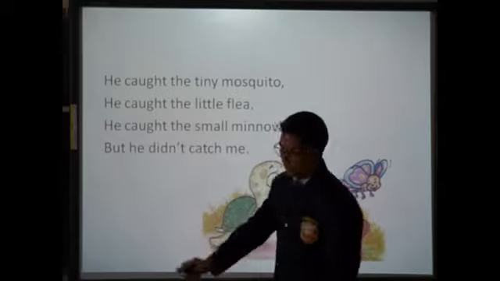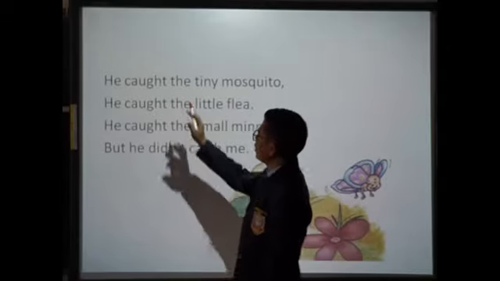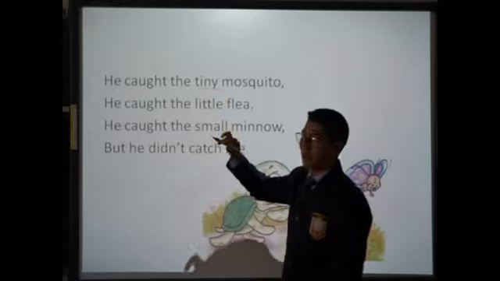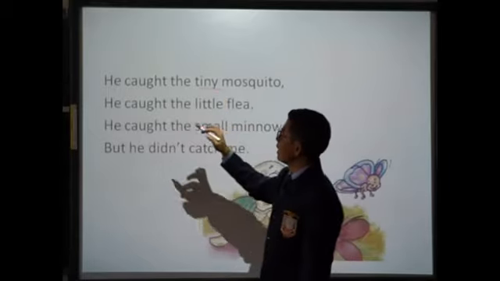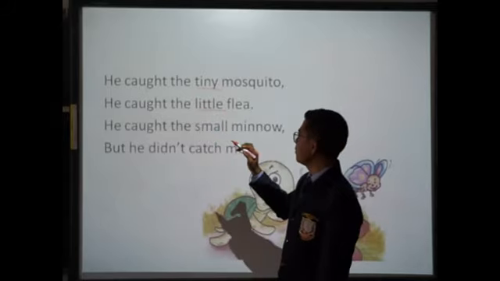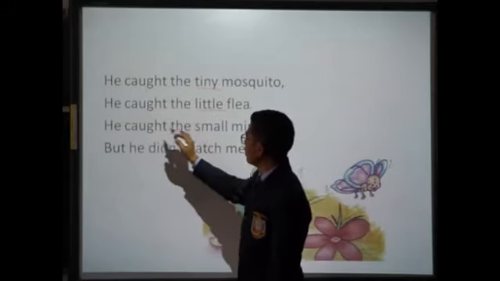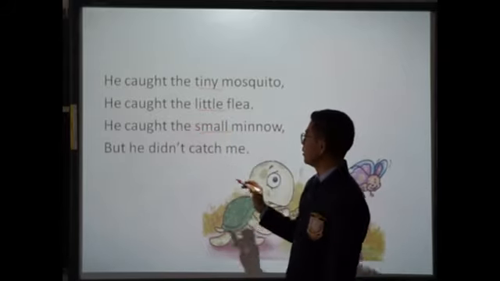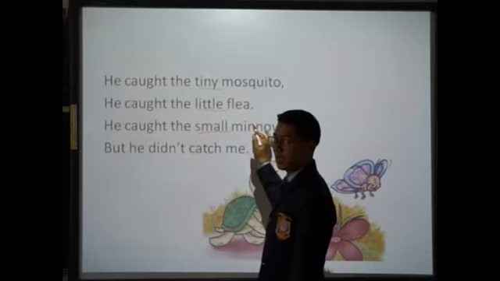Now the last one: he caught the tiny mosquito. Again, tiny describes the size of the mosquito. He caught the little flea. Little is the adjective here. He caught the small minnow. Here small again describes the size of the minnow.